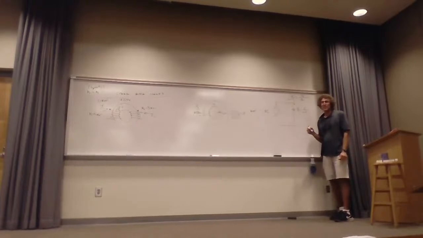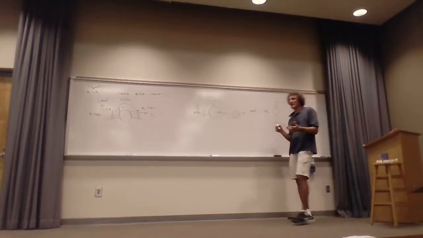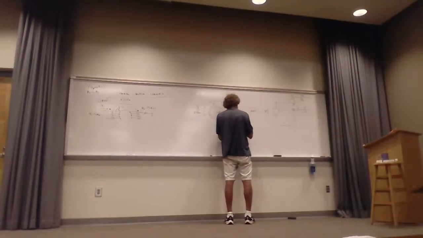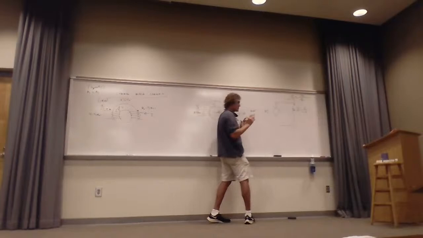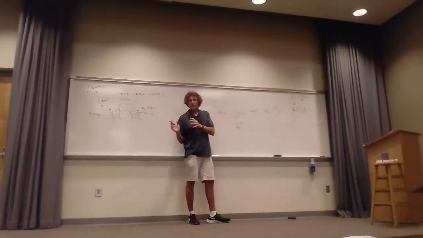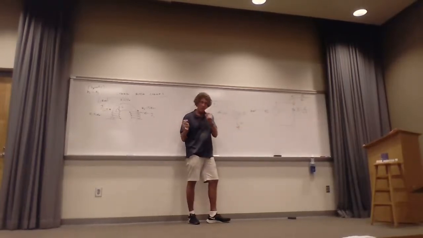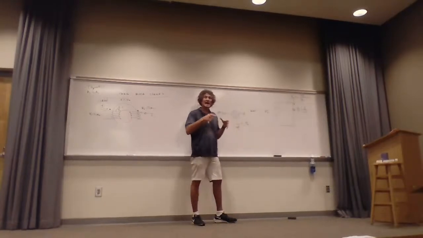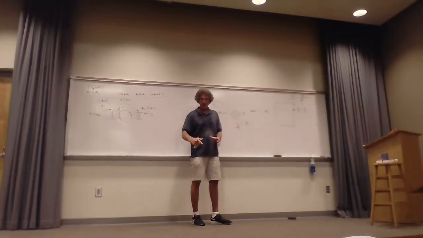Y'all remember that? All right, now once you have that, then you can find the inductance, because the self-inductance is really the amount of flux going through one turn. So it's really that flux times the number of turns, correct?